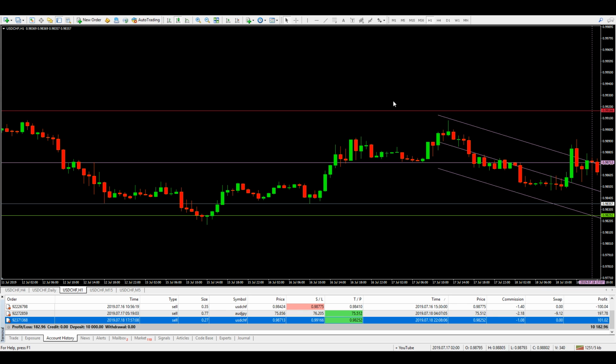So I was preempting that there would be further lower lows and lower highs. I had seen this point here, which was in fact a much bigger move, was the reversal candle that we saw on the daily. So the stop loss had been placed above that level. It made sense to have a nice secure stop loss outside of that resistance area.